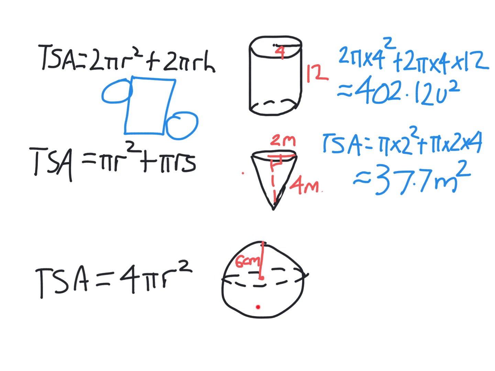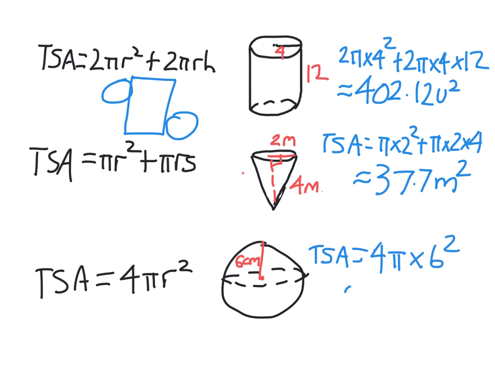All right, the total surface area of a sphere, which is really hard to make a net for, but the total surface area of a sphere is just 4 pi r squared. So the radius of a sphere is the distance from the outside of it to the center of the sphere. So here the radius is 6, so the total surface area is just 4 times pi times radius squared.